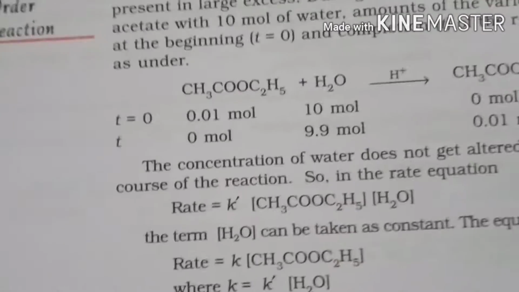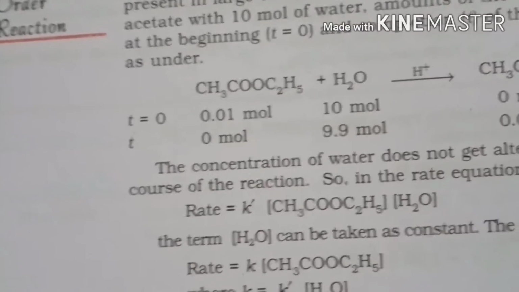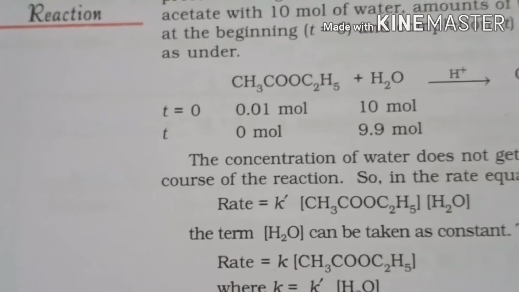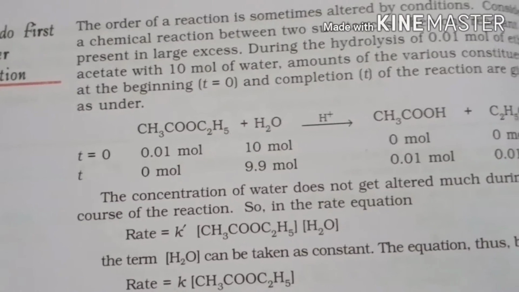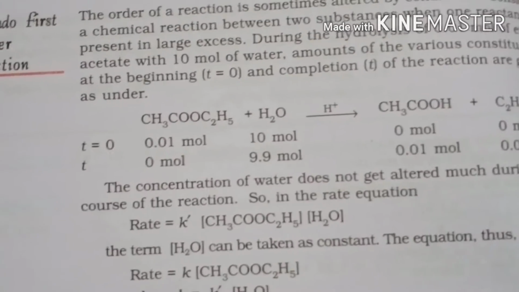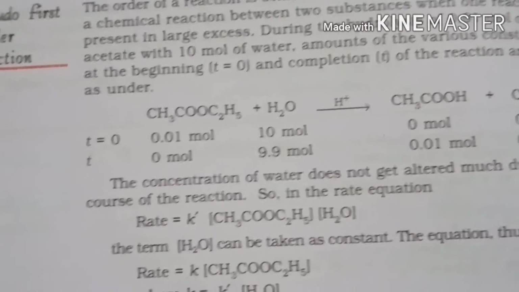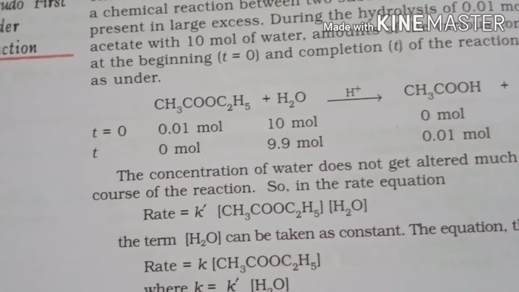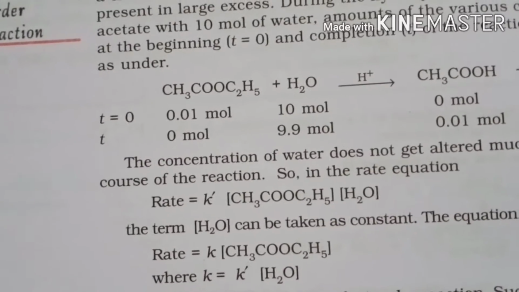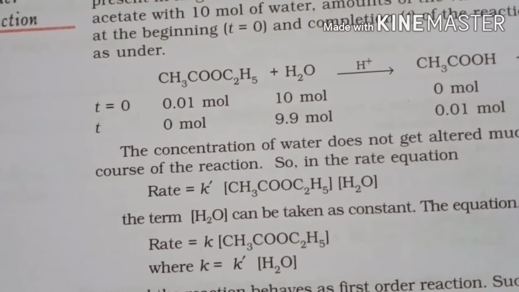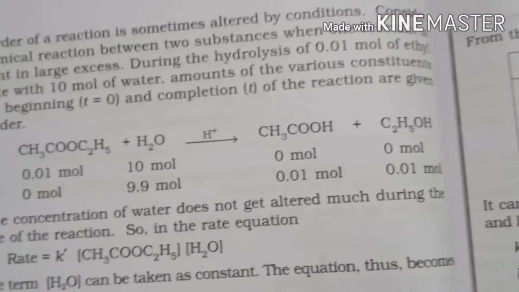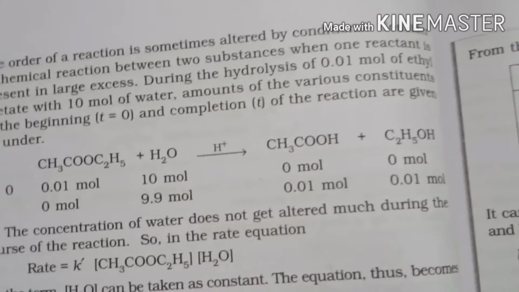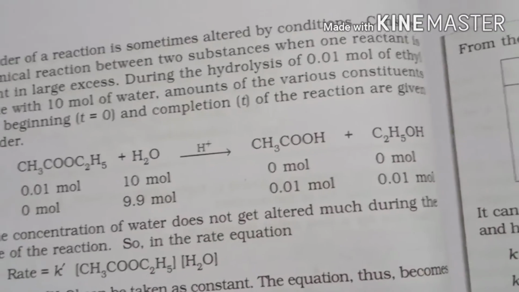So when t equal to 0, the amount of ethyl acetate is 0.01 mole, water is 10 mole, acetic acid is 0 mole and alcohol is 0 mole. At time t, all the ethyl acetate is consumed, so 0 remains and the water amount is 9.99 moles, while the products, acetic acid is 0.01 mole and alcohol is also 0.01 mole.